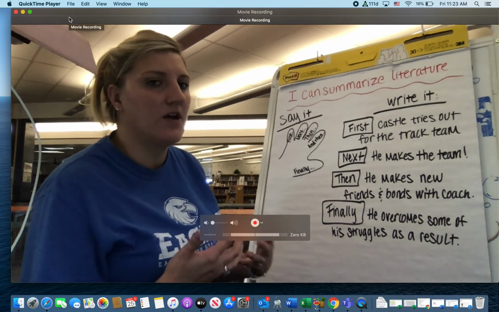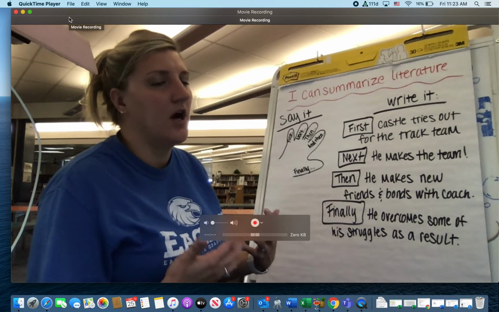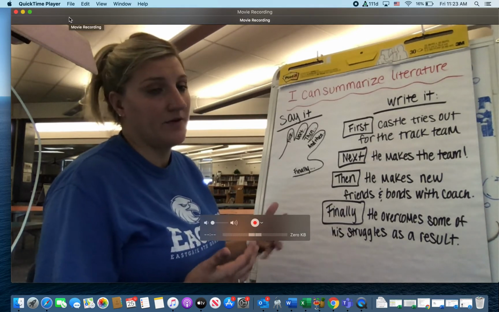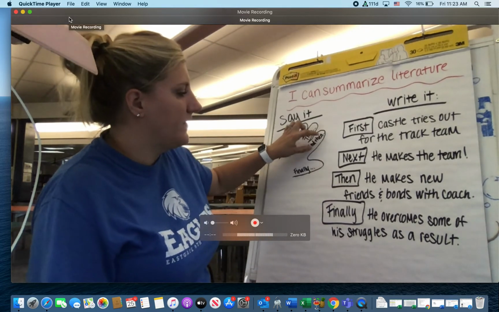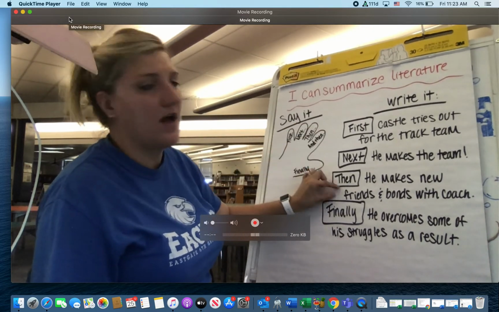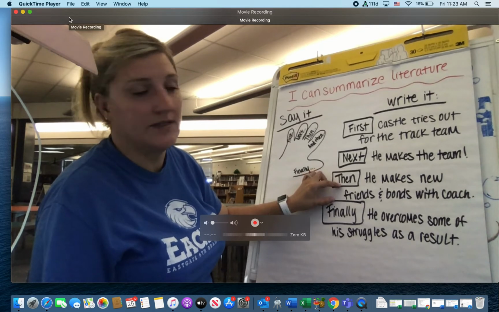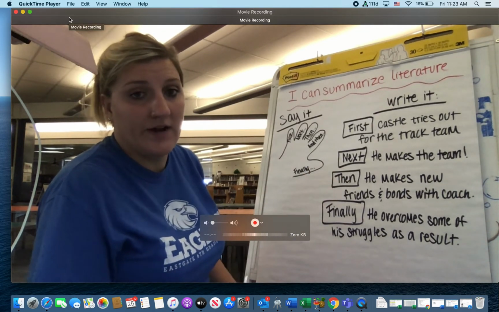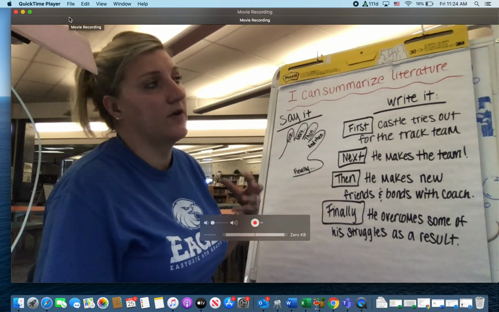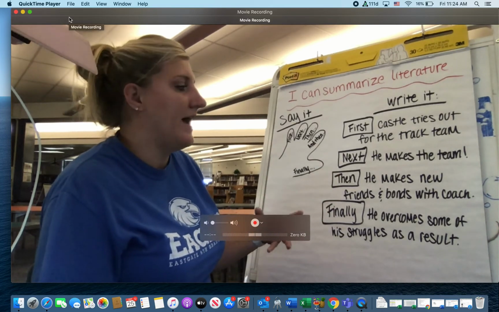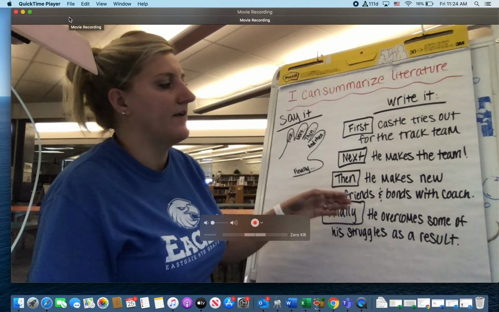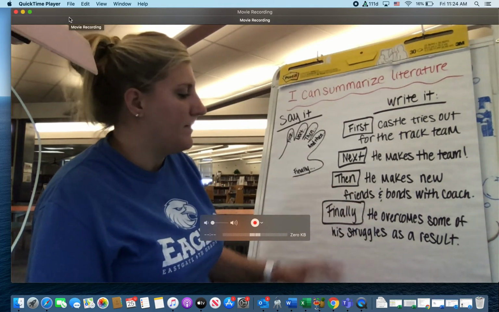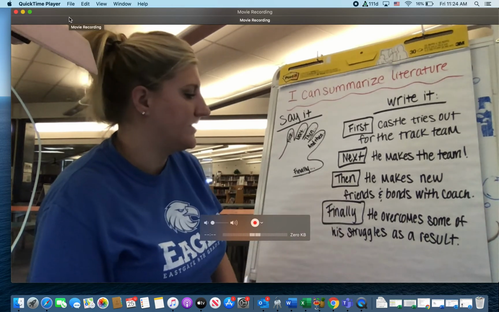His dad's in jail, so he's had a lot of hardships that he's had to face growing up from those events. I did not include the "and then," but I could have added another important detail in between these two, such as exactly what I just said. He's really struggling inside, his dad's in jail, and I maybe could have listed some of those hardships right here as my "and then," but for the sake of time, I went right to finally.